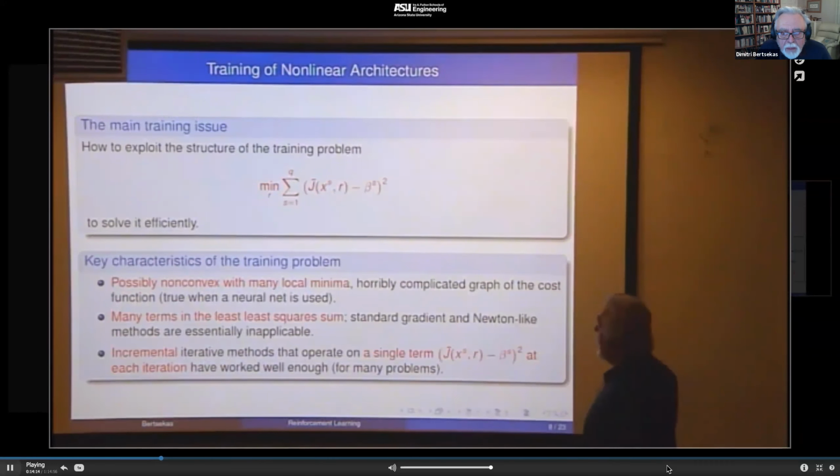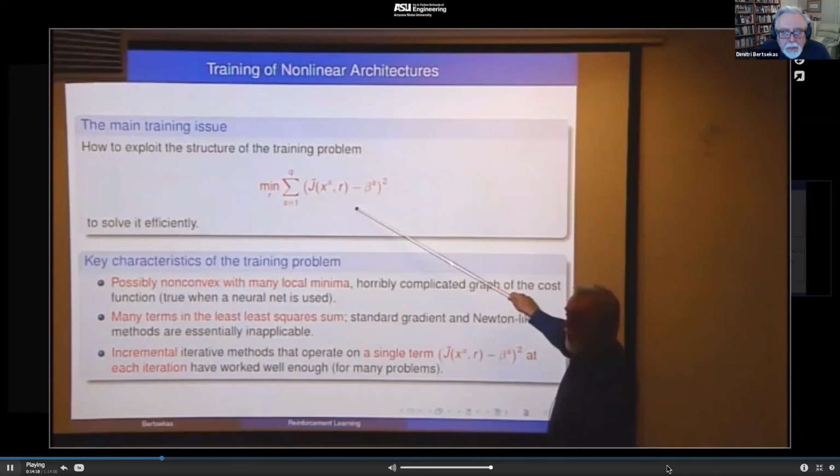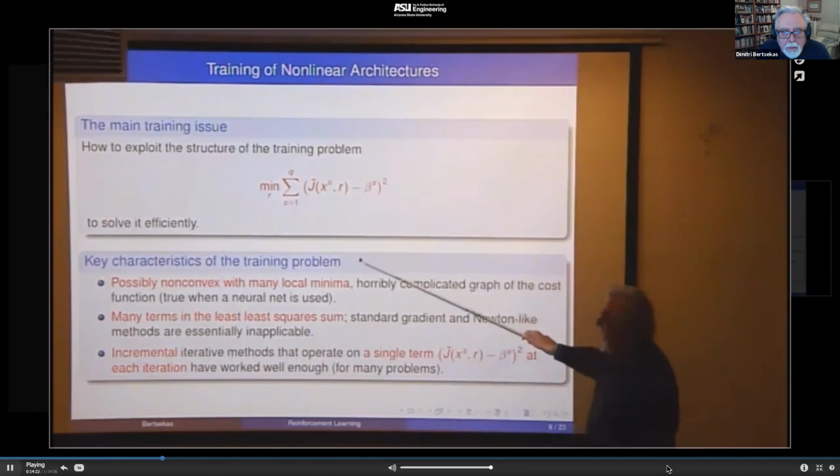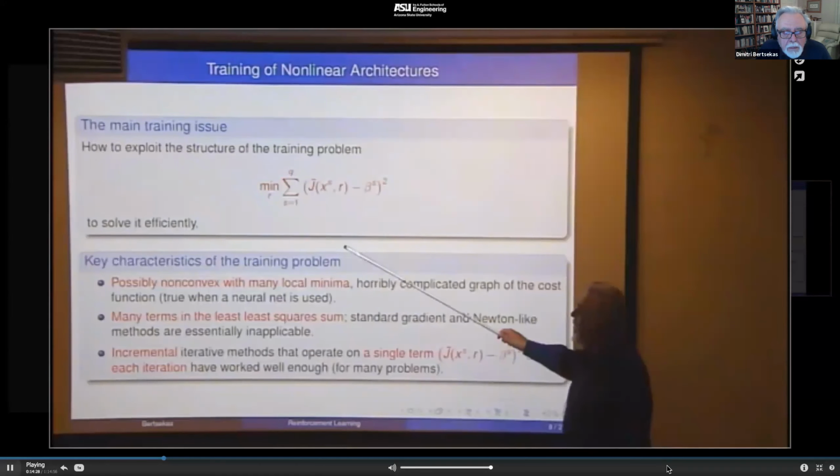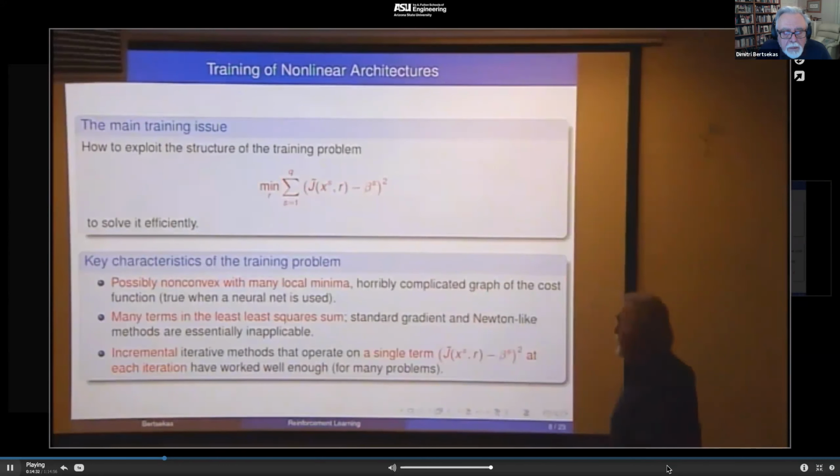What is an incremental method? Instead of operating on the entire sum at every iteration, it just picks out one term, okay? And it moves to improve the cost corresponding to this term without regard to the other terms.